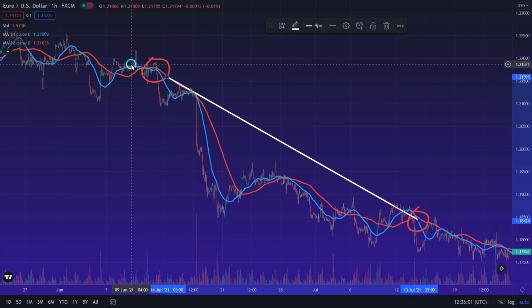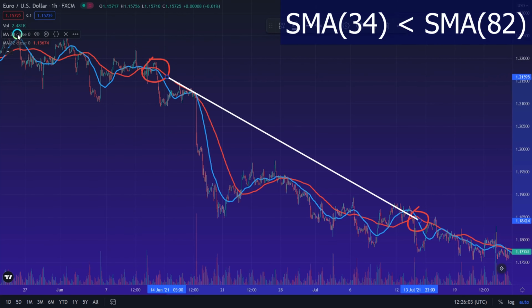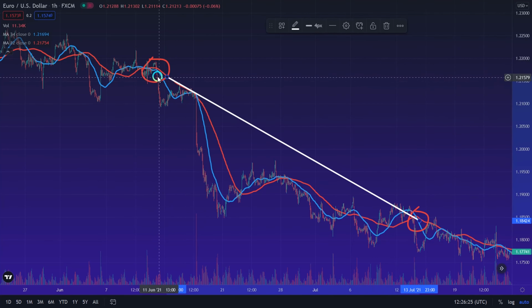So first, what we need is that the first moving average, which is the 34 one, has to be below the 82 period moving average. This is a sell trade, and it is quite obvious, and here I show you the sell entry and sell exit rules.